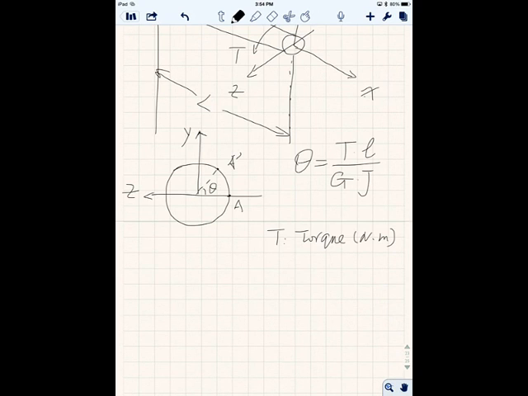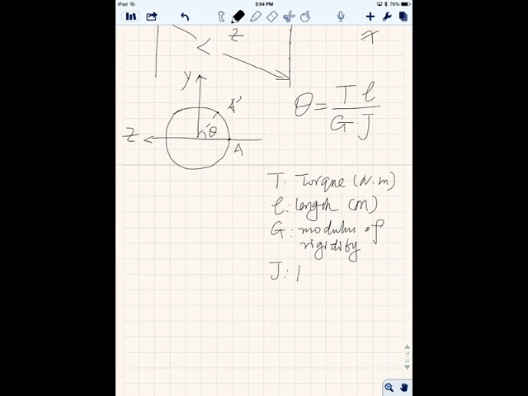So L is the length, G is modulus of rigidity, and J is polar second moment of inertia.